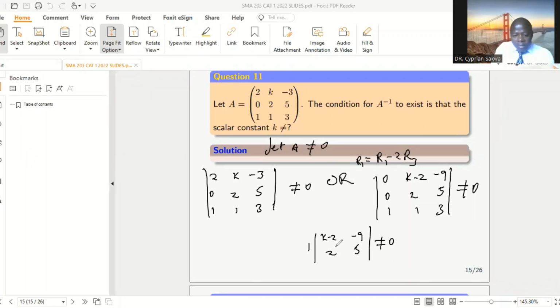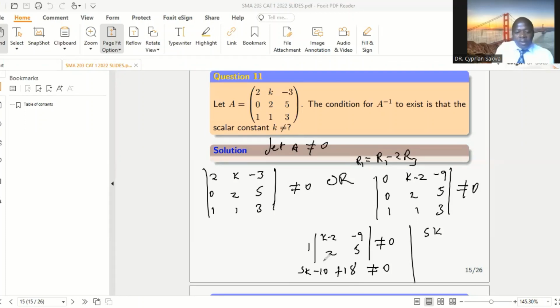Now, what is this? This is 5k minus 10, and then plus 18. Because it will be minus 18. This should not be equal to 0. So you can find k here. You can find k. Because what I have here is 5k.